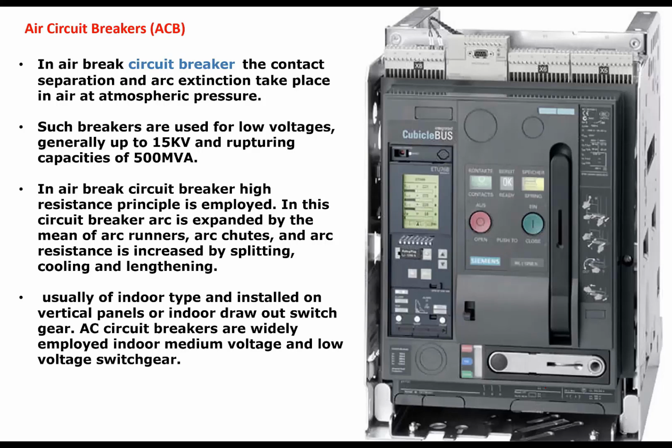The second method is the low resistance method, or natural current zero method. We know that natural current zero occurs if your circuit breaker is an AC circuit breaker, if your power system is an AC power system, then the current and voltage in every one cycle become 0 two times. Since our arc is sustained by the fault current flowing through the arc, the fault current also becomes 0 twice in one complete cycle.